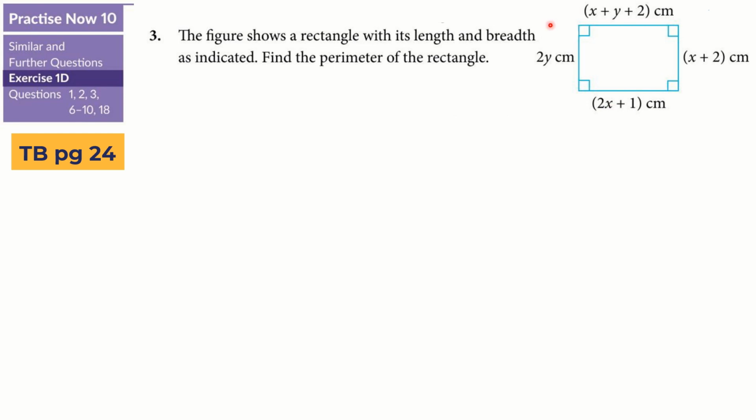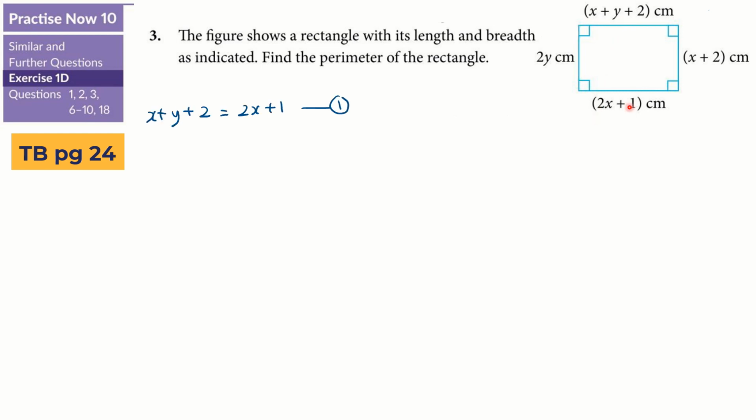Keeping in mind that this is a rectangle, what is a unique property about rectangles? We are given the length and the breadth. A unique property about rectangles is that the opposite lengths should be equal to each other. Meaning to say that x plus y plus 2 should be equal to 2x plus 1.